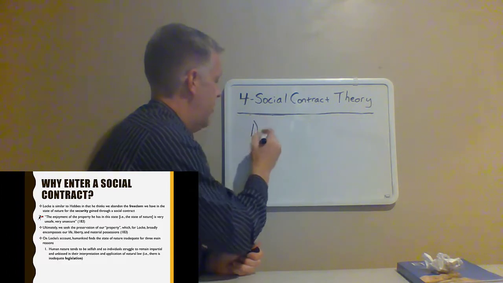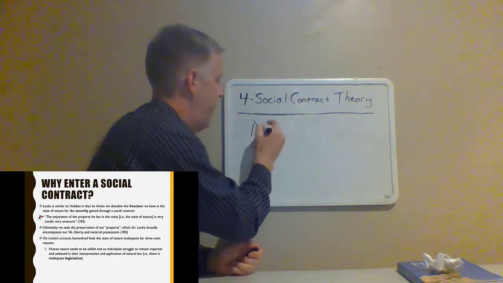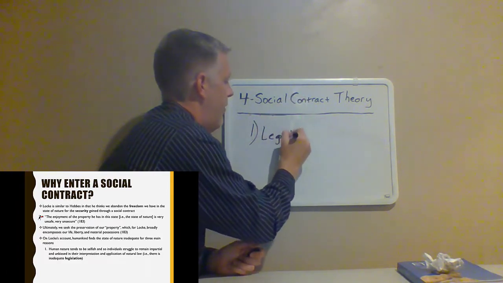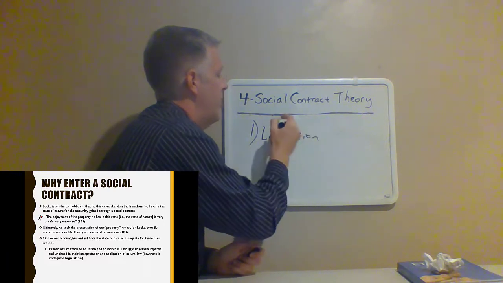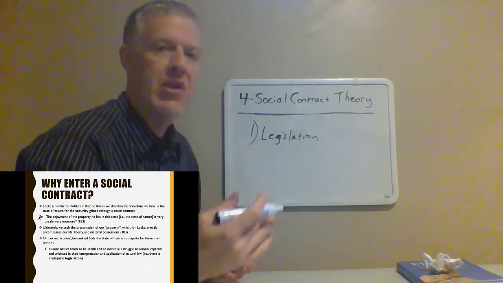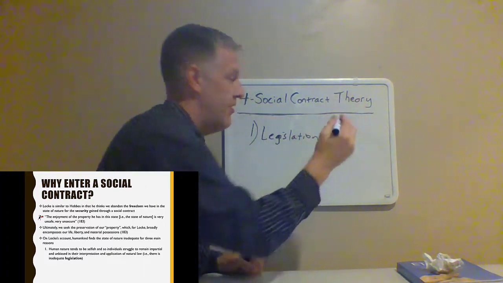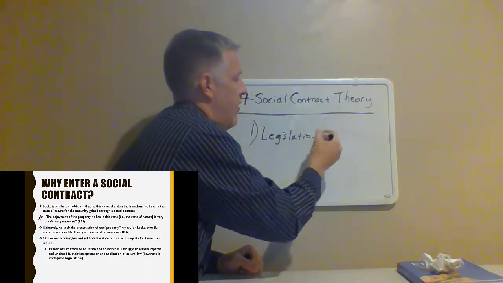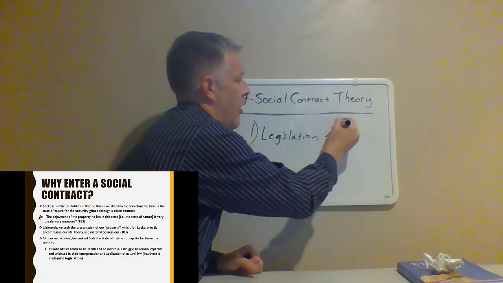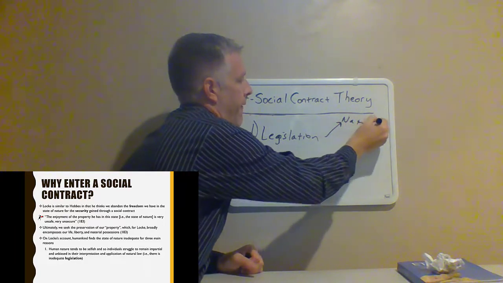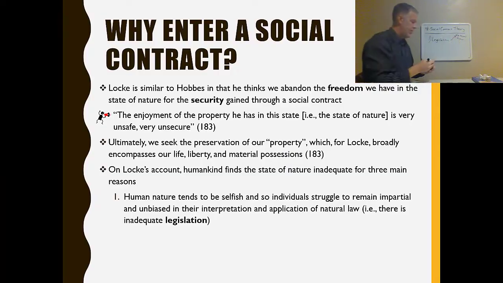Right, so what is the social contract going to provide? Legislation, right? Proper interpretation and application of that natural law that already exists, right? So legislation with respect to, again, the natural law. What else are we gaining? Again, we're biased, okay?